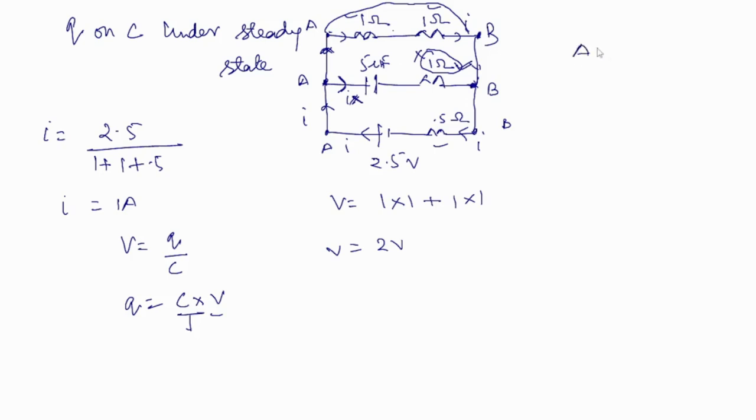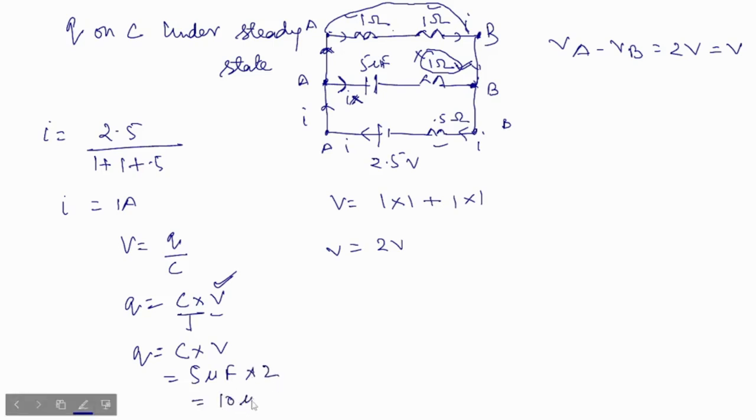So VA minus VB will be 2 volt, and this is the net potential which we need to put here. So Q will be C into V, your C is given as 5 microfarad, times 2, that means 10 microcoulomb. This will be the charge on the capacitor under steady state.